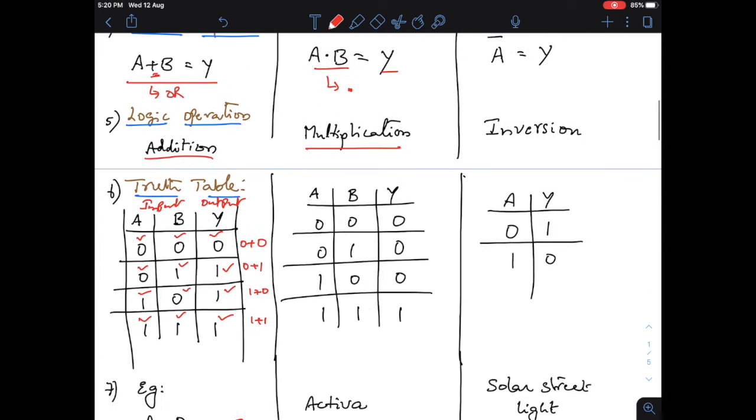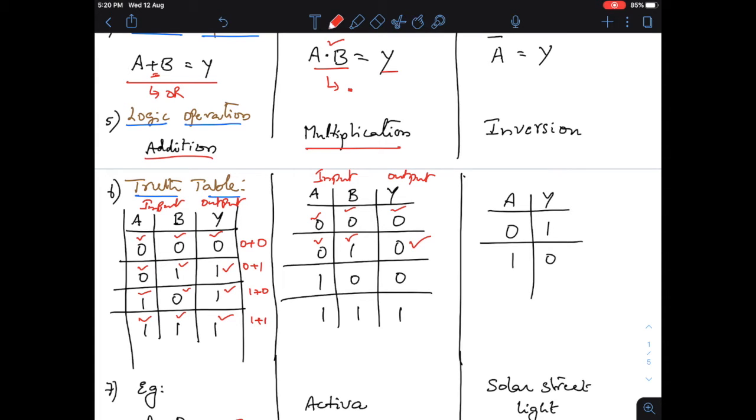Now let us see the truth table. A, B are inputs, Y is output. So if A, B both of them are 0, then obviously Y is 0. Then if A is 0, B is 1, the logical operation is multiplication, therefore A dot B becomes 0.